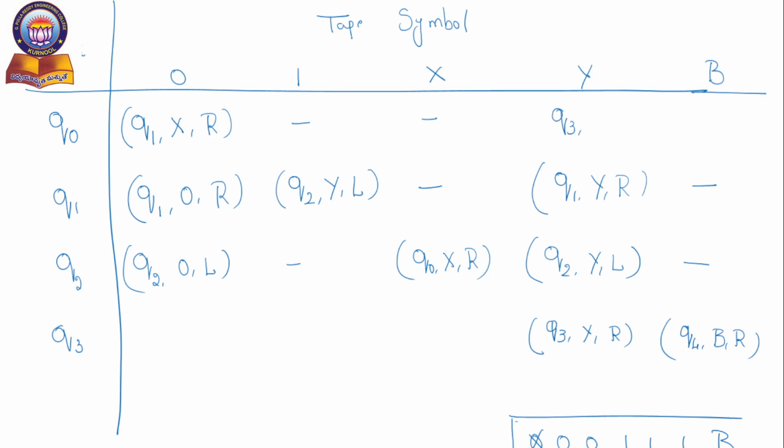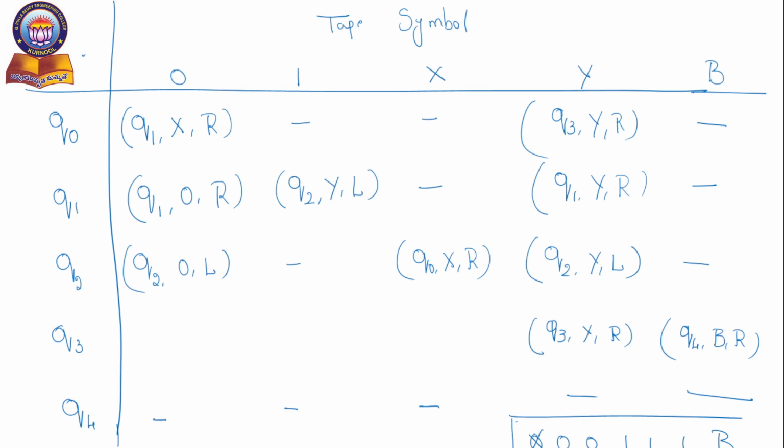So here we will go to Q3, Y, R. And here Q4 is the final state. Once you enter into the final state, there will be no symbols that have to be processed except the blanks. So there will be no transitions over all the symbols. Q4 is the final state and the machine will halt here. There are no further movements from the final state.